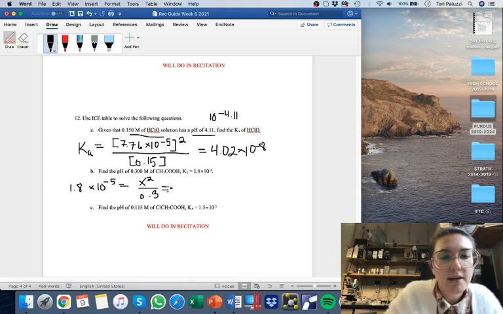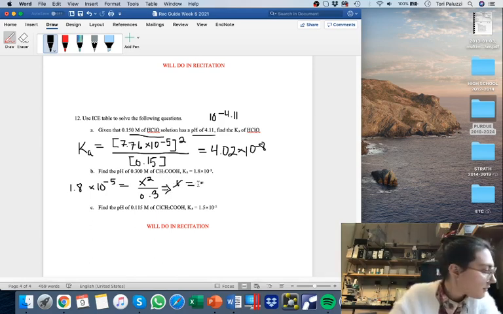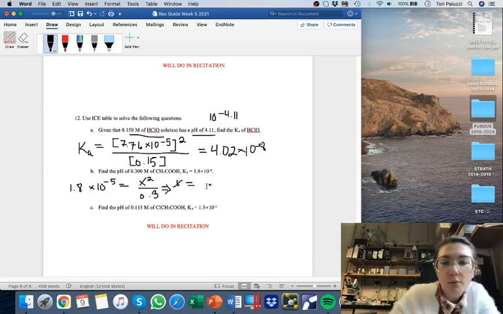And then if I equate that, I then just have to multiply this by 0.3 and take the square root. So the square root of that, which means that x is then going to equal 0.0073, or 0.01313.